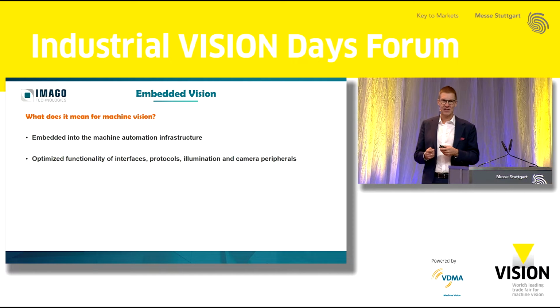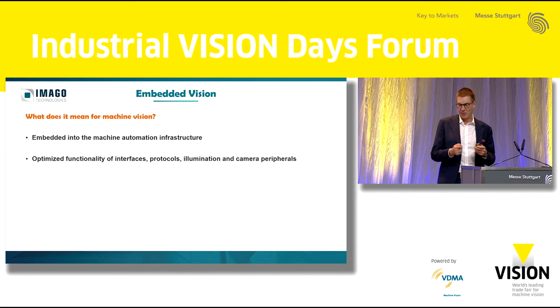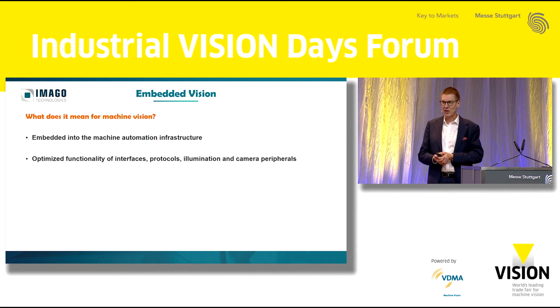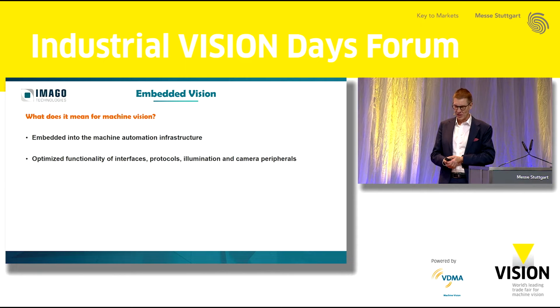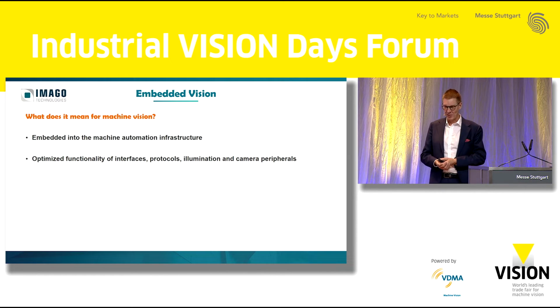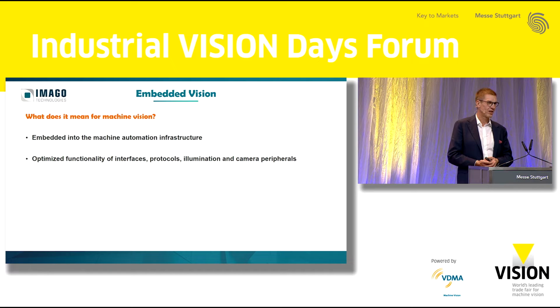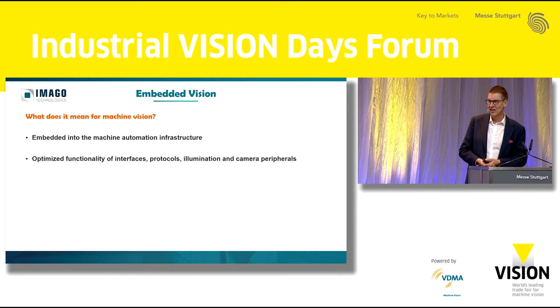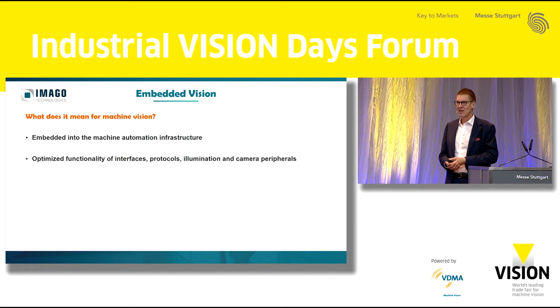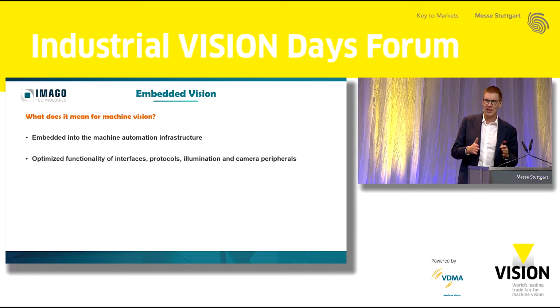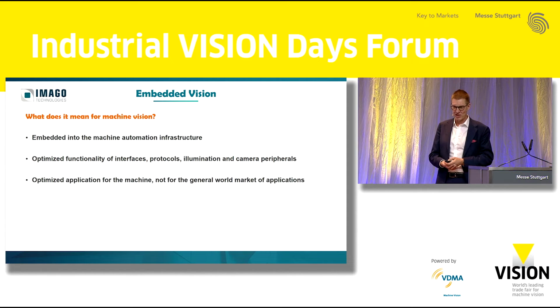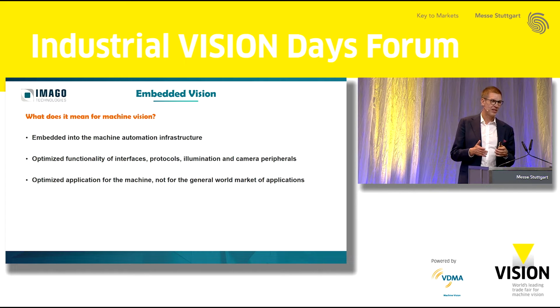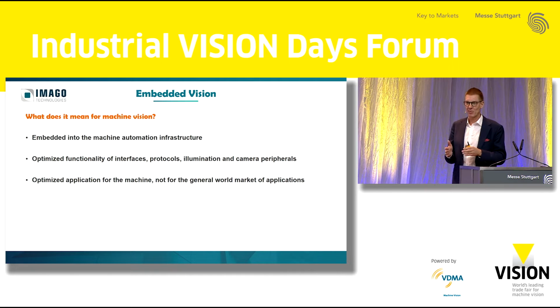We optimize not only the camera interfaces or specific computer infrastructure, but also machine interfaces, protocols, the control of the illumination, and the camera peripherals. So everything is optimized for a specific application in a machine or in a device.